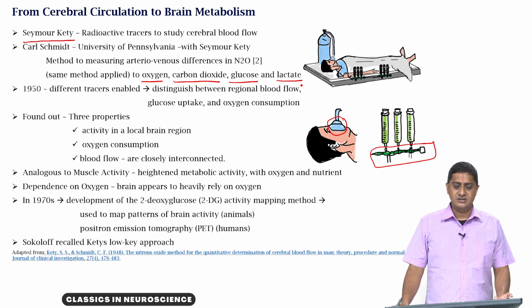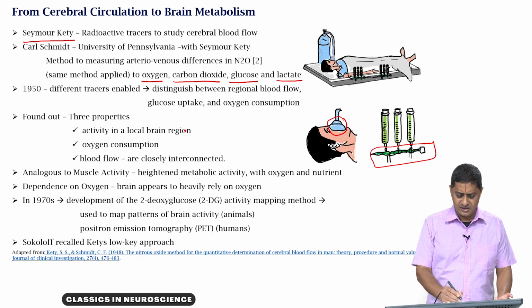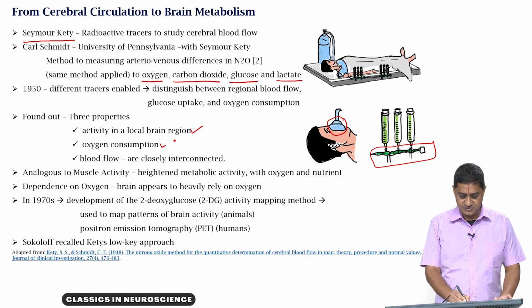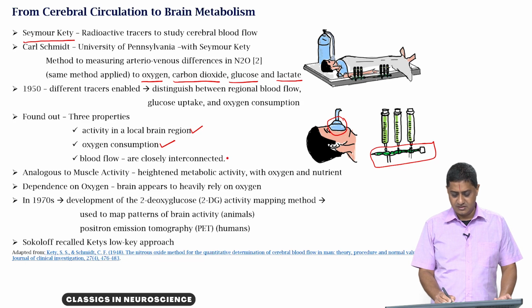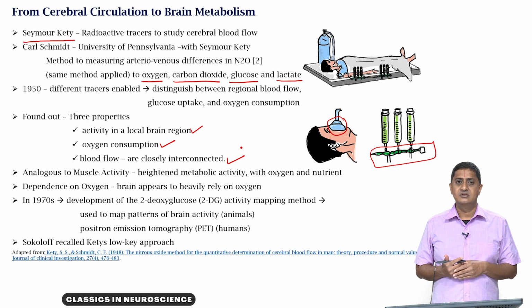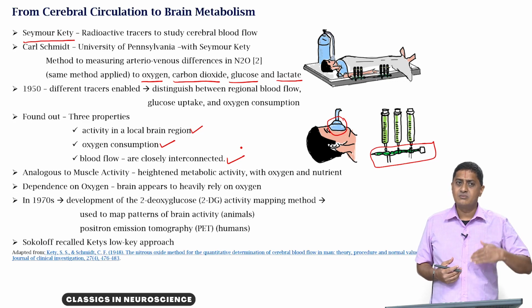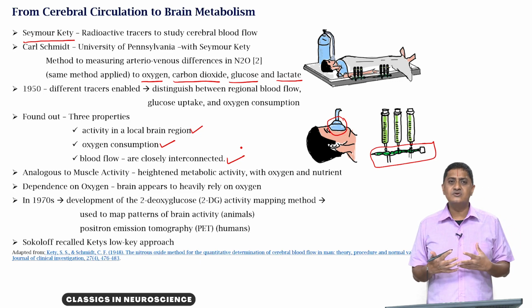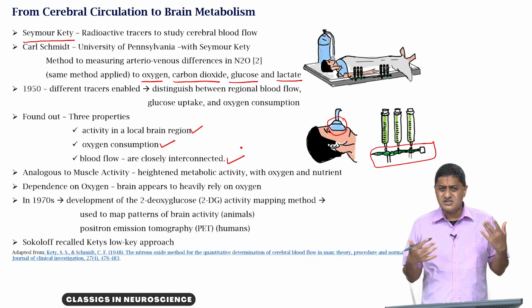They found out that the activation level or activity in a given brain region, its oxygen consumption and the blood flow to that region are all closely connected. That is, more activation means more oxygen consumption and more blood flows there. So, these are all closely connected, and this makes sense.